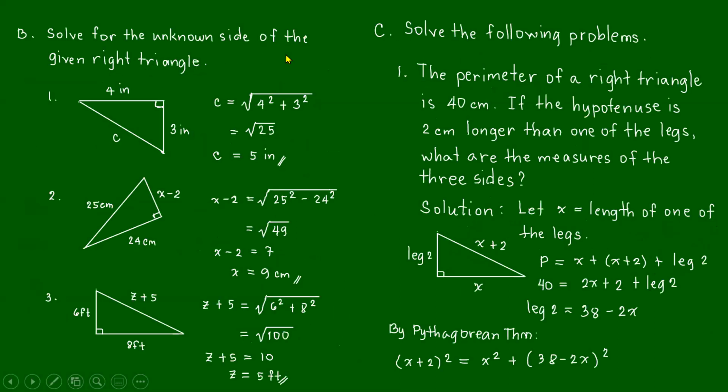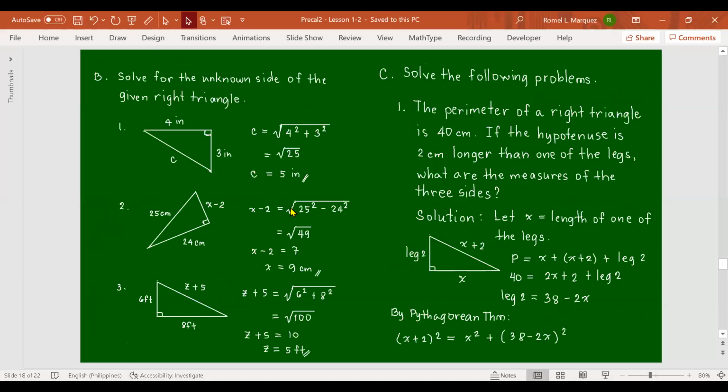Solve for the unknown side of the given right triangle. Unknown side. Okay? So, actually, I changed it to solve for the unknown, not for the unknown side. Let me check. Change this.